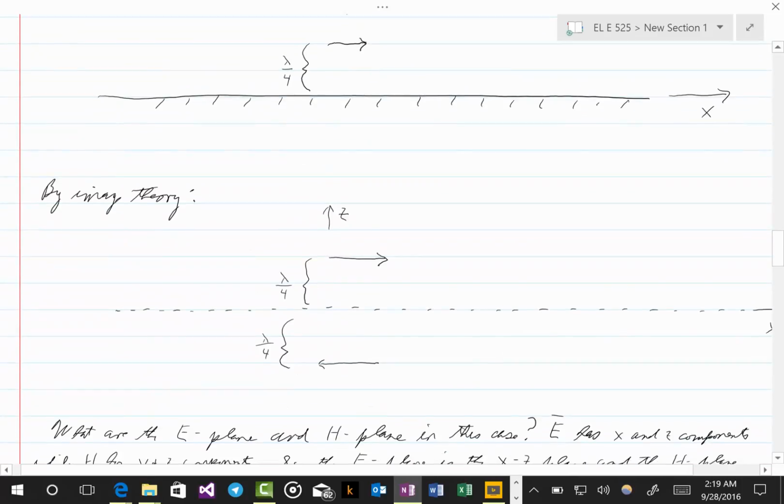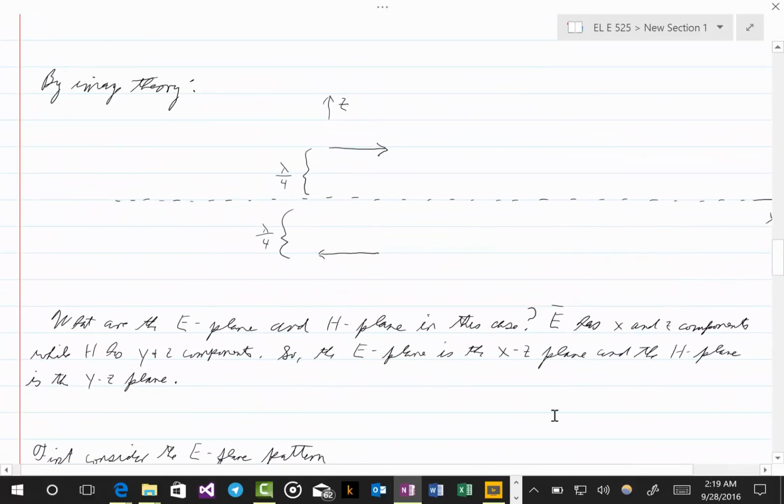But for the horizontal case, like this, now the E plane is this XZ plane, and the H plane is the YZ plane. But both of those planes look the same as far as the dipole locations are concerned. That is, these two dipoles are located along the z-axis.